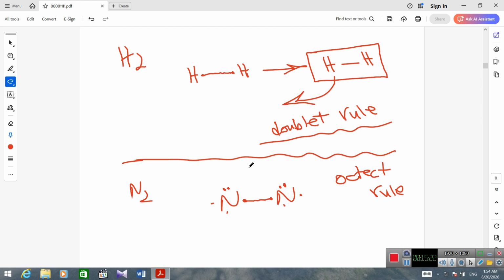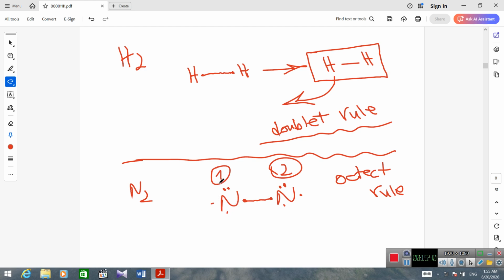For nitrogen 1, for example, it has 2, because one bond is calculated as 2 electrons: 2, 4, 5 and 6.